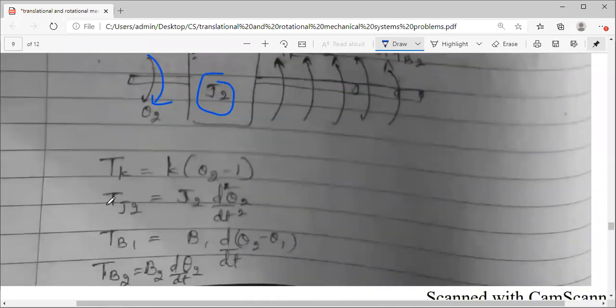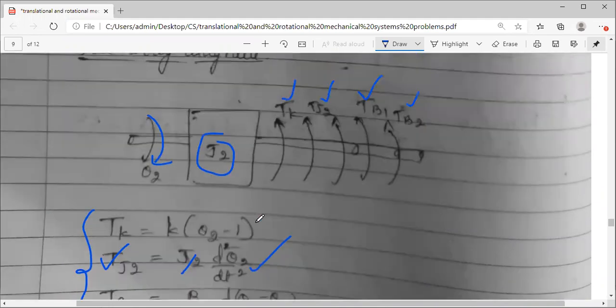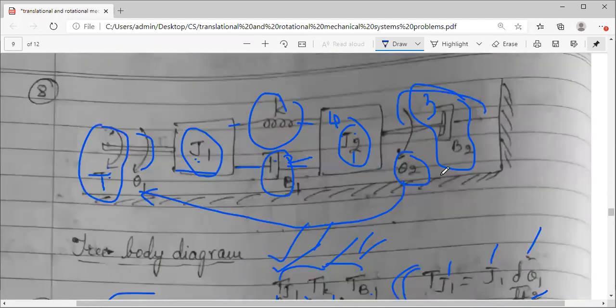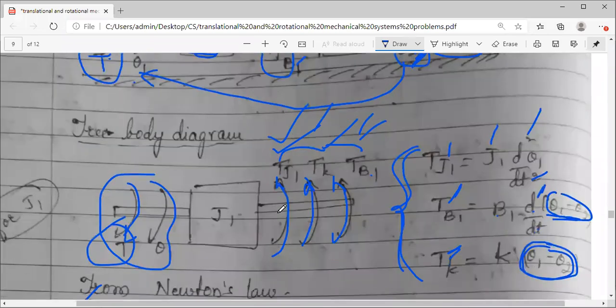So let us write the equations. For TJ2, J2 into acceleration, d by dt square. And for TB2, it is simply B2 into d by dt of theta 2, because if you see the connection for B2, it is simply connected towards the second end. That is, only theta 2 motion will come. But talking about these two, both the ends are free, so I have to take theta 2 minus theta 1.